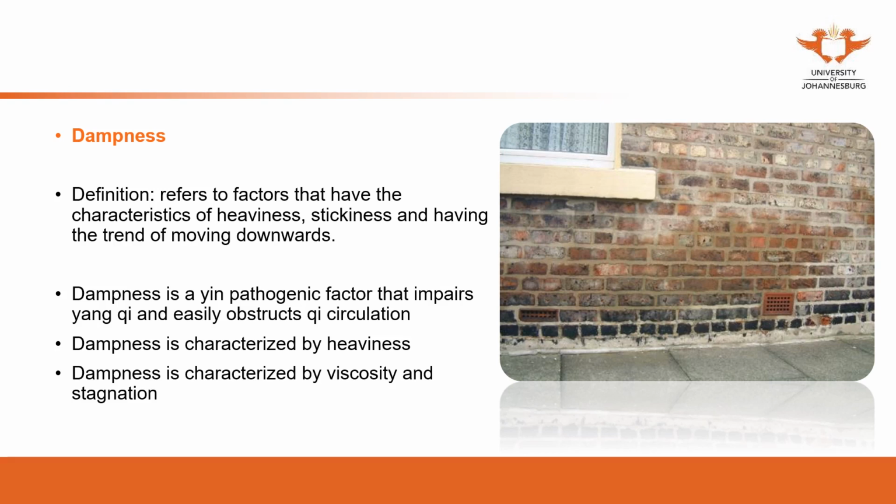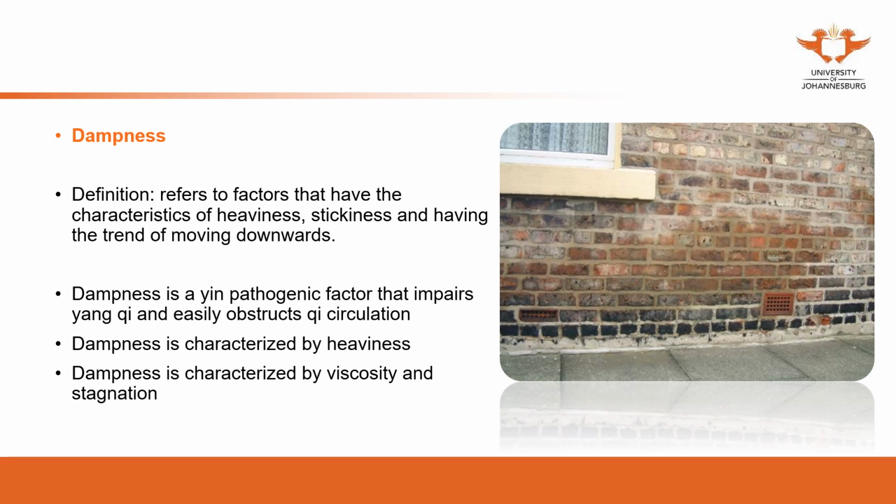Do you know what kinds of characteristics dampness has? Dampness is a pathogenic factor that impairs yang qi and easily obstructs qi circulation. So from here you can see, first, dampness is a yin pathogen. A yin pathogen will affect yang. That's similar to coldness.